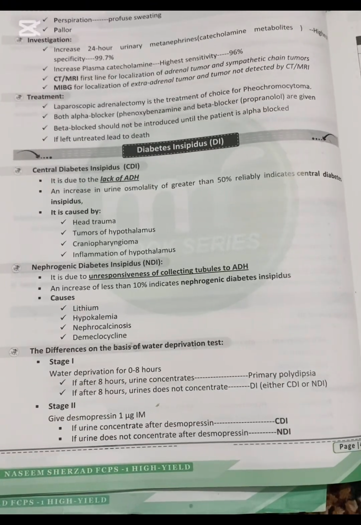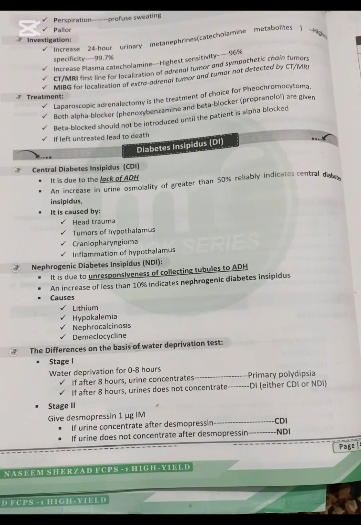But for a tumor which is extra-adrenal, like in the chest or the bifurcation of the aorta, if not detected by CT or MRI, we will go for MIBG, right? And remember one word for pheochromocytoma: it is a surgical disease, not a medical disease. You can't leave a patient lifelong on medical treatment. Once diagnosed, it should be removed. And the gold standard treatment is laparoscopic adrenalectomy, right?